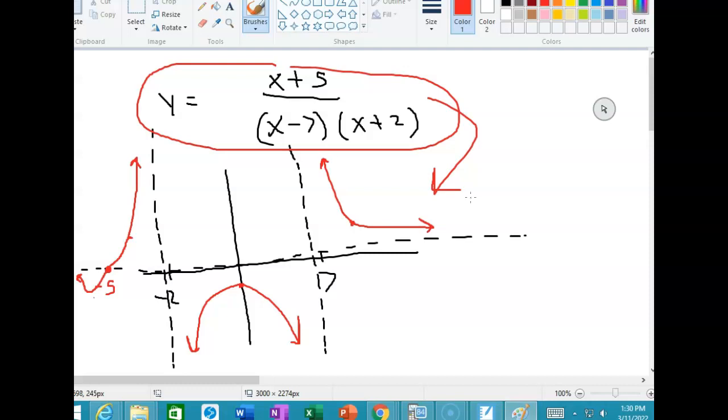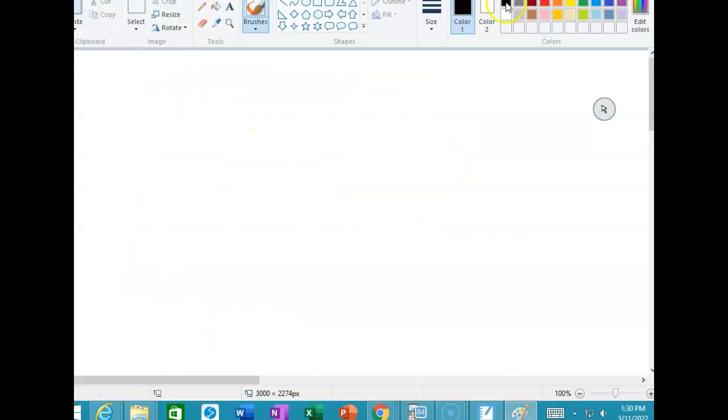What else here? Yeah, so that's that. Also, I'm going to do file new. The other thing here is to make sure that you understand what oblique means.